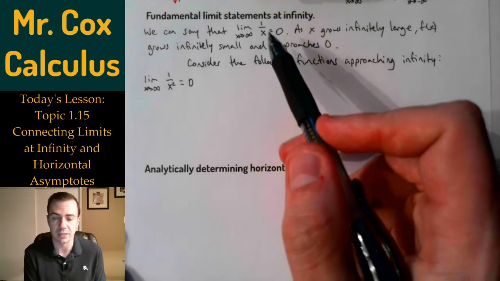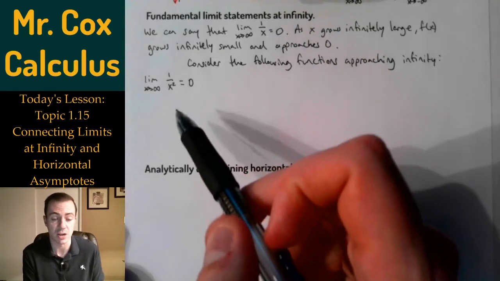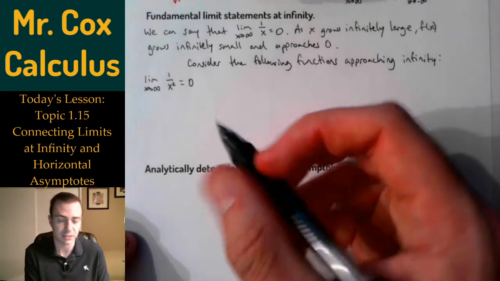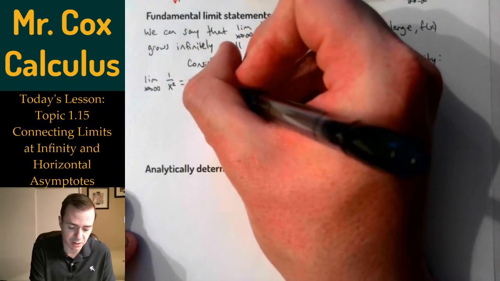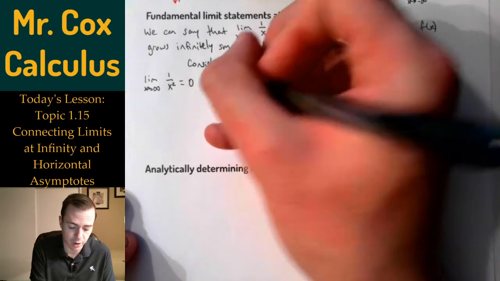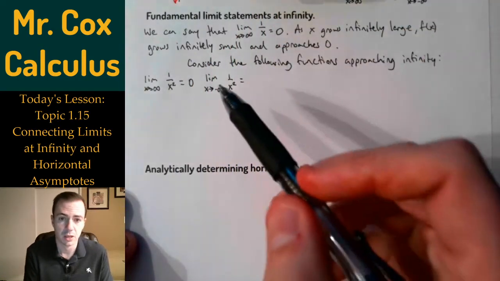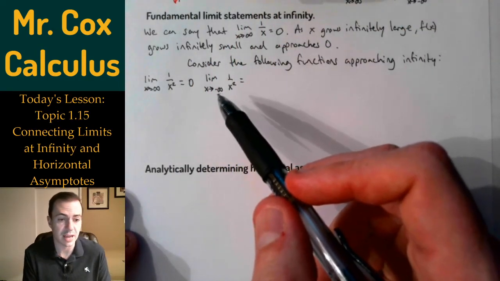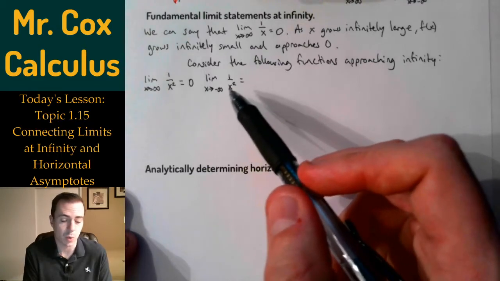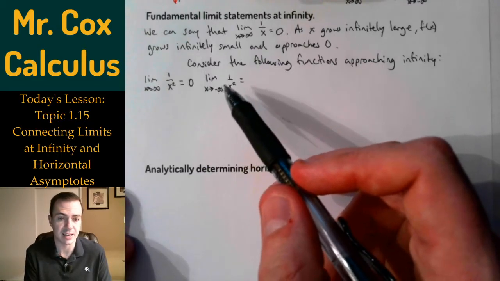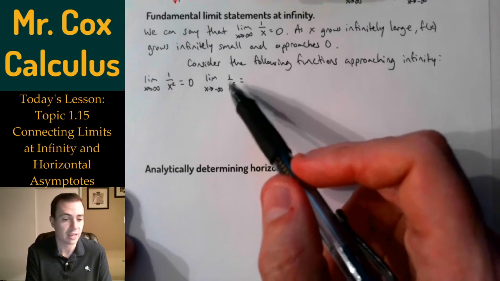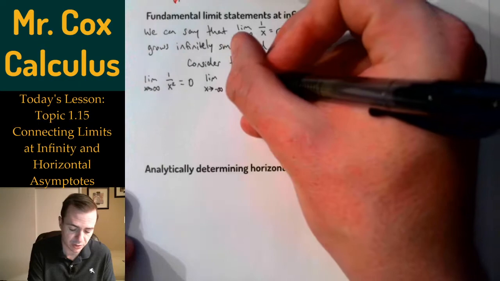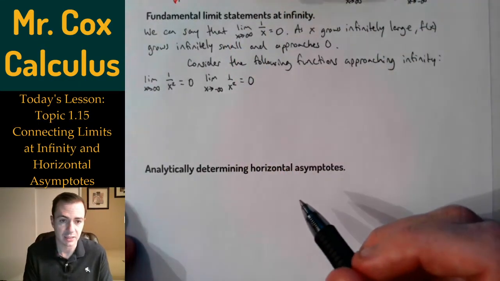In fact, it's going to 0 faster than this function right here, but it is also going to 0. Well, if I take a look at the limit as x approaches negative infinity of 1 over x squared, as I grow towards negative infinity, the squaring actually negates any idea of the negative. And so I am still growing infinitely large here in the denominator, and so that is headed towards 0.